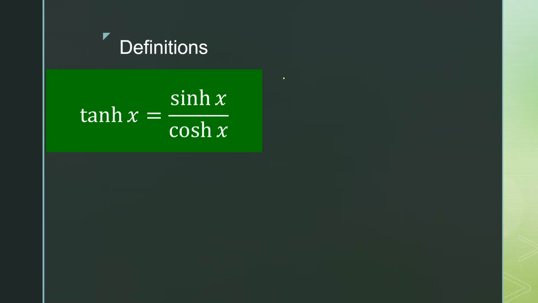Magka-cancel yung over 2's nila, this will be e to the x minus e to the negative x, sa baba yung e to the x plus e to the negative x.